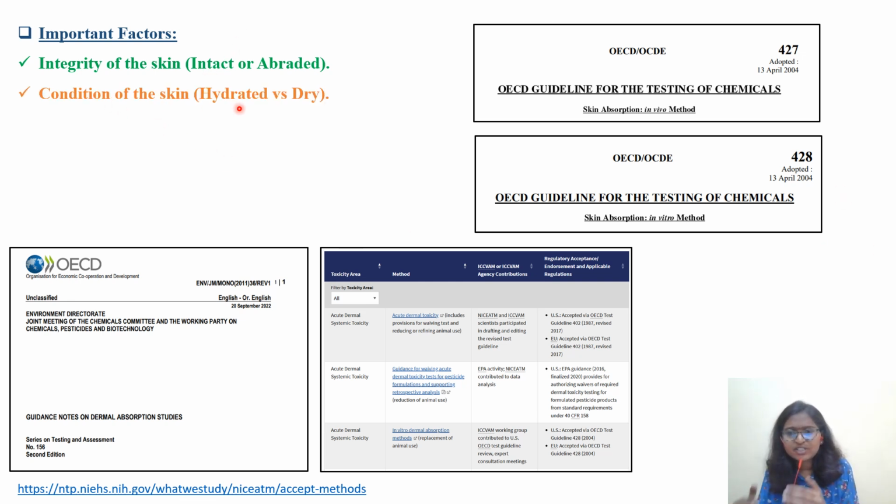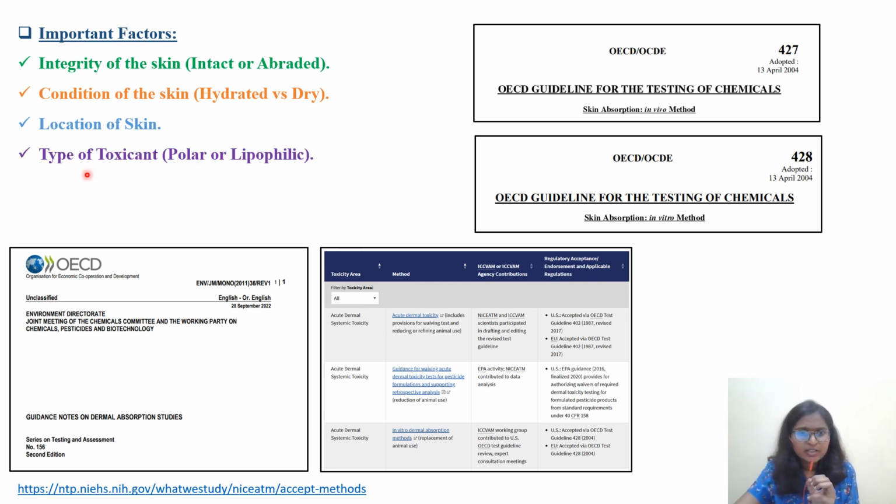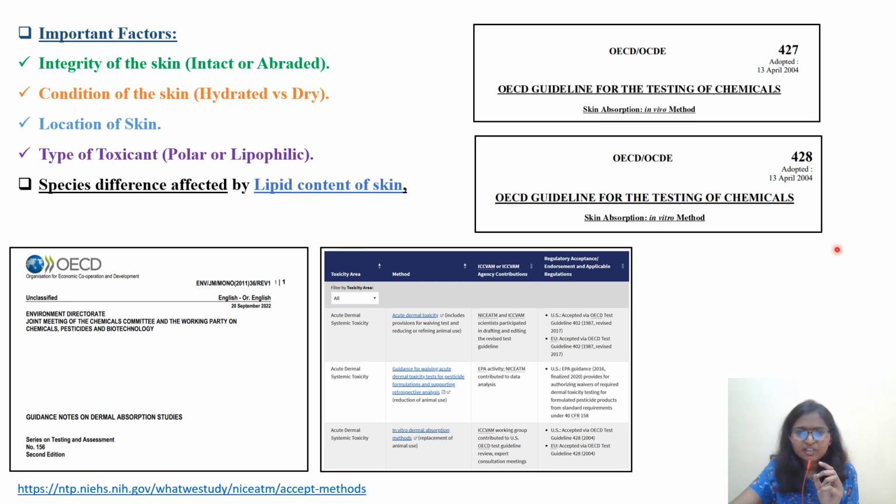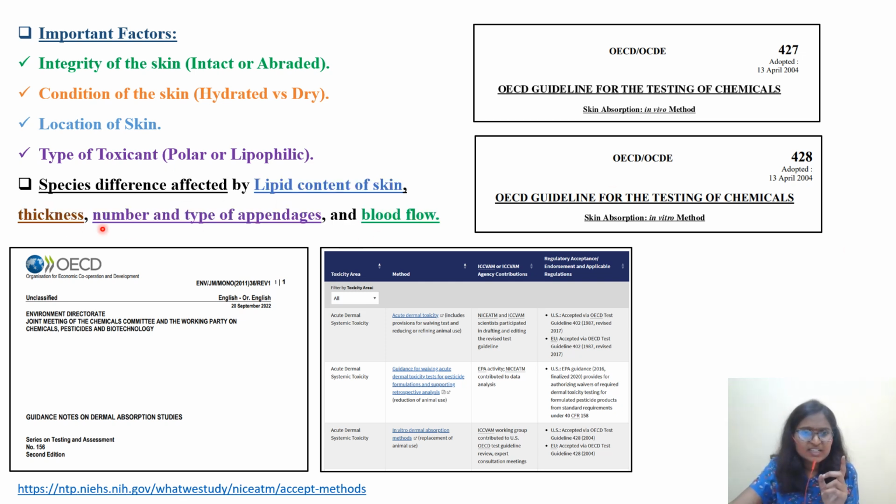Then conditions of the skin, hydrated or dry: hydration is directly proportional to permeability. Then location of the skin, then type of toxicant, polar or lipophilic, which I have already discussed. Species differences are affected by lipid content of the skin, thickness, number and types of appendages, and blood flow.